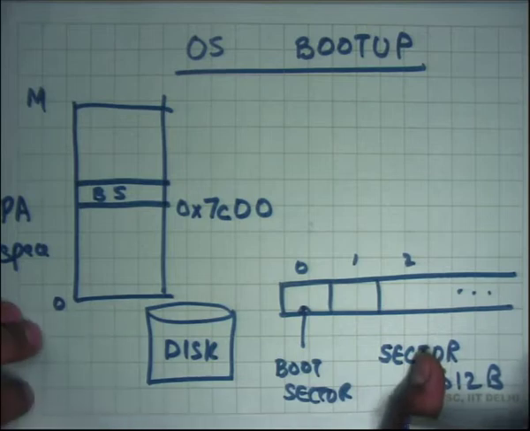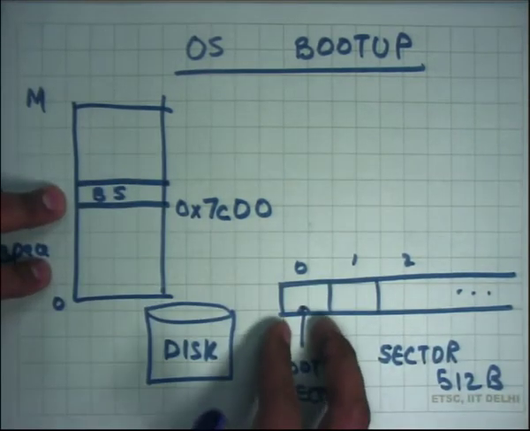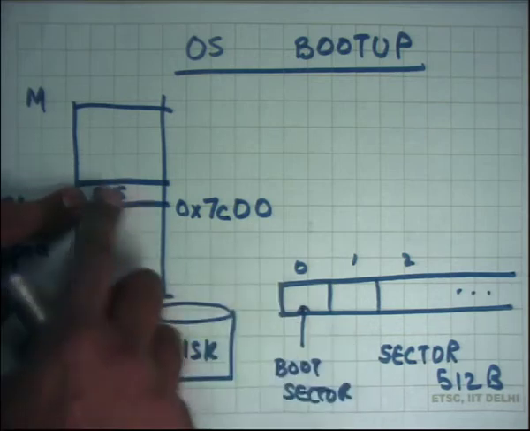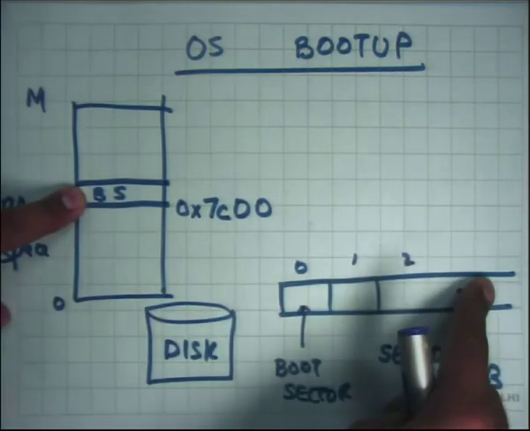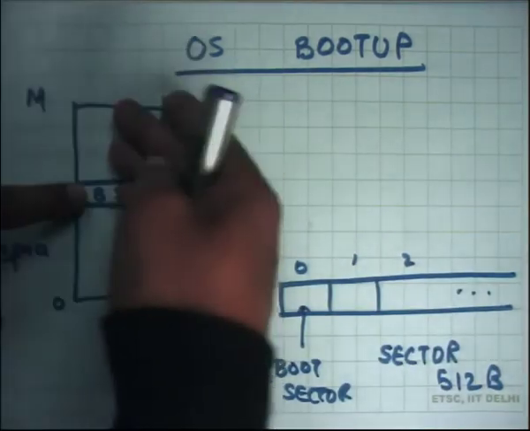The operating system developer needs to write boot sector code that should know where the kernel lives in the disk, number one, and it should load the kernel into memory and then jump to the kernel.